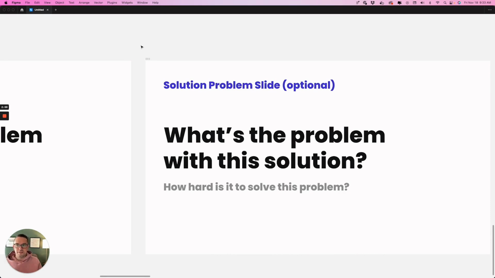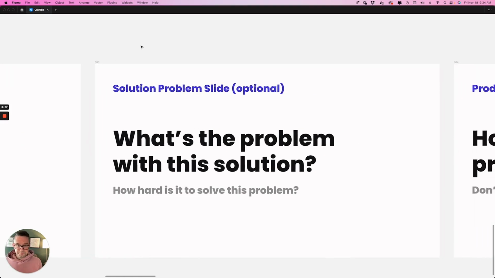There might be all of these problems inside of a solution, and addressing them helps reinforce why other people have tried to solve this and couldn't, and you can. So you're really trying to solve the problem within the solution. It's a second level deep, and that creates a lot of confidence. You have to be a lot less defensive, saying, look, a lot of you have tried to solve this, and this is how we're going to solve it.